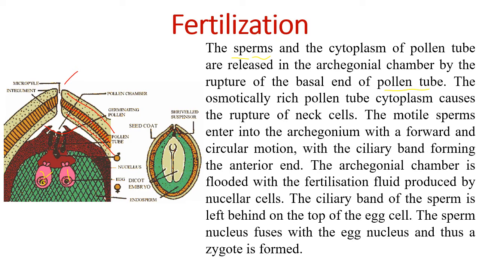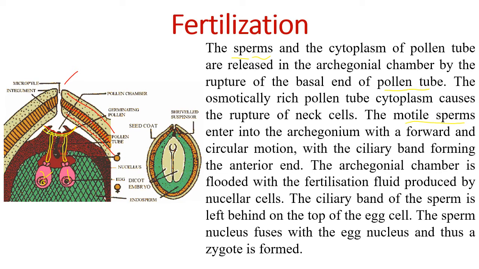Actually, pollens are here in this pollen chamber and they develop a tube downward towards the archegonium, and the process of rupturing takes place. Then the motile sperms enter into the archegonium with forward and circular motion, with the ciliary band forming at the anterior end.